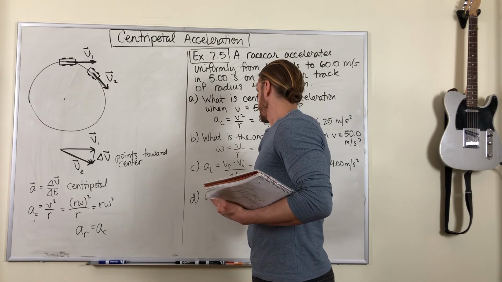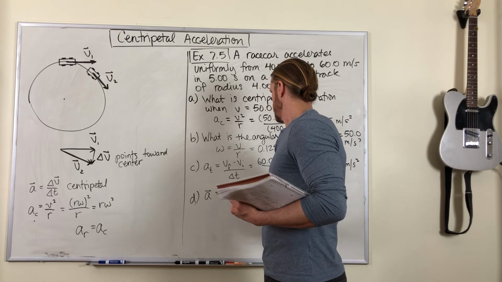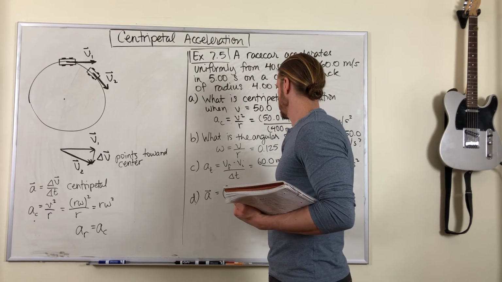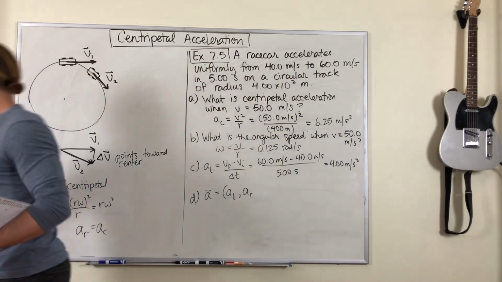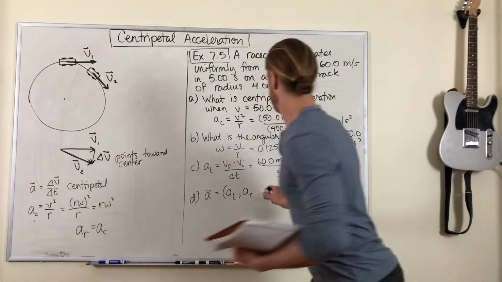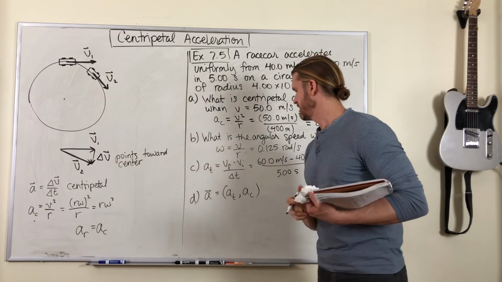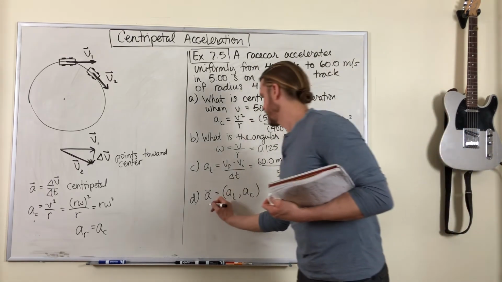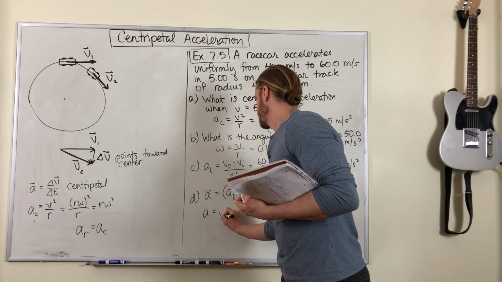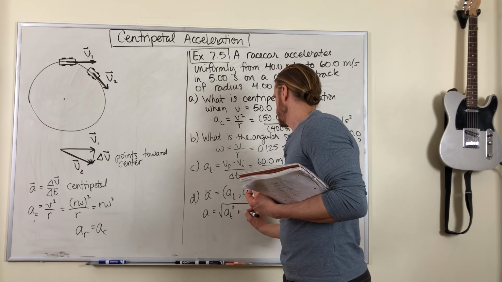So acceleration vector is really a tangential component and a centripetal component, which means that the magnitude of the acceleration vector is given by the Pythagorean theorem.